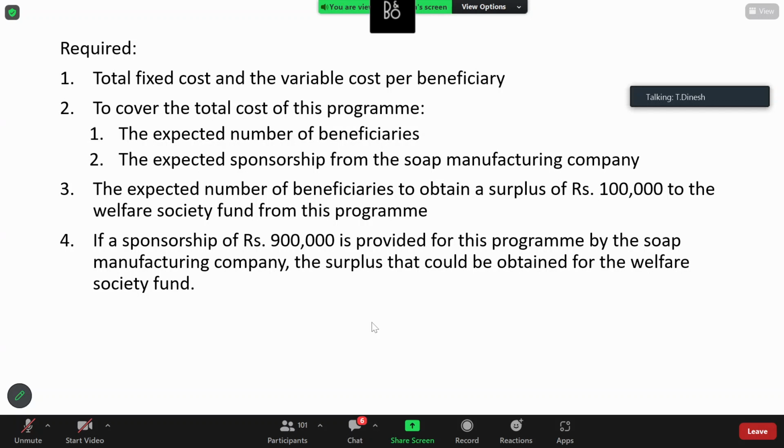But the welfare society fund would like to have an additional 1 lakh, right? Then only they can use that money for future activities. If you want to have an extra 1 lakh from the sponsorship, then how many beneficiaries must you have?